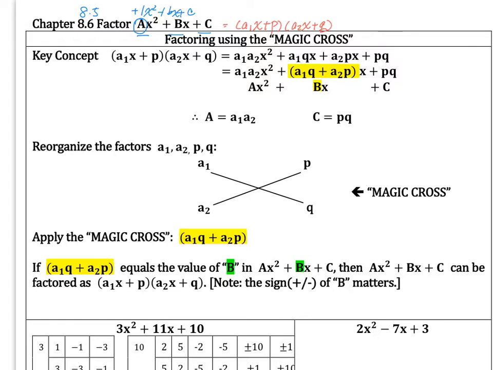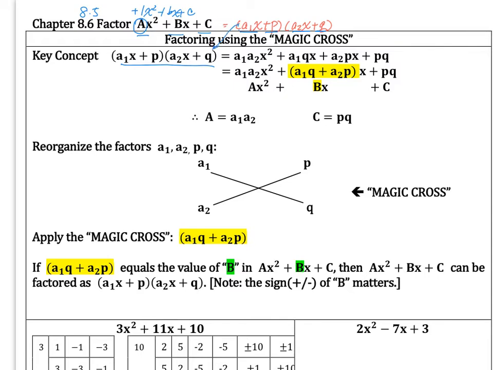So to write this in factored form, meaning as a product of two binomials, you will end up with two binomials that would look like this: a1 times x plus p and a2 times x plus q. So let's look at this backwards.